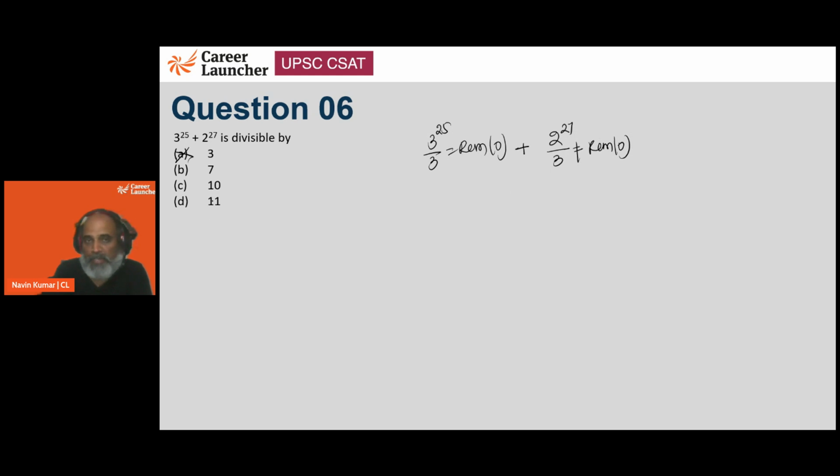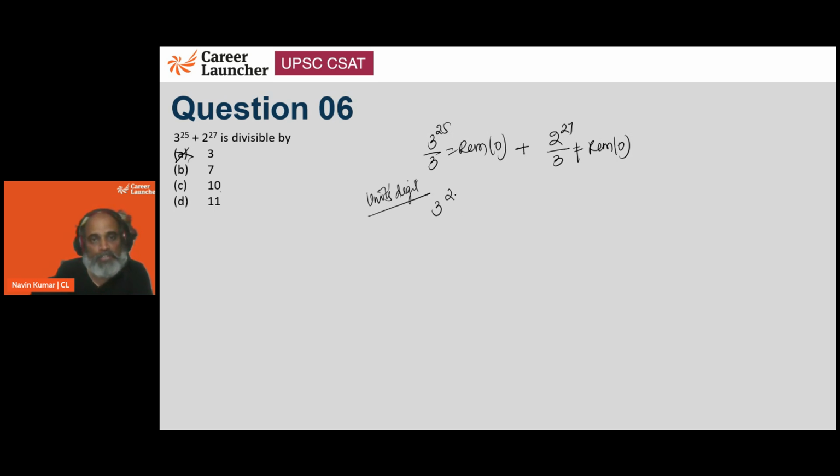Now, from the remaining 3 options, it's going to be easier to solve option 10. A number is going to be divisible by 10 if the number ends in a 0, or it's a multiple of 10. So we have to check only the units digit of the sum of these two.